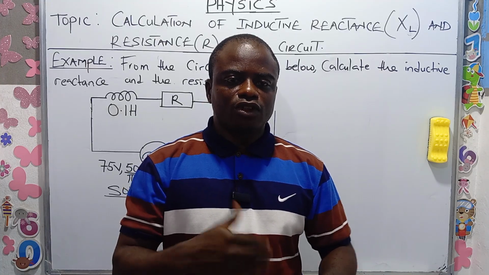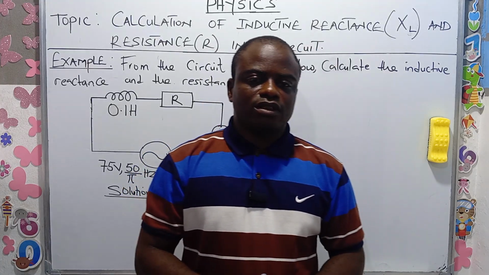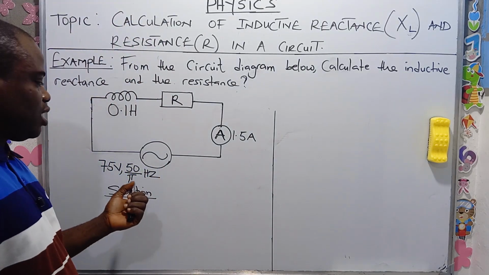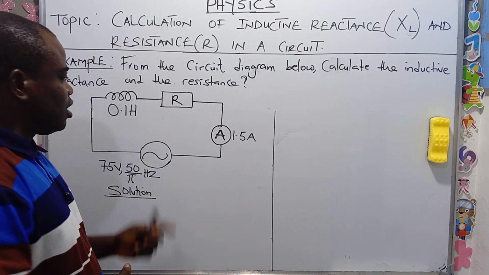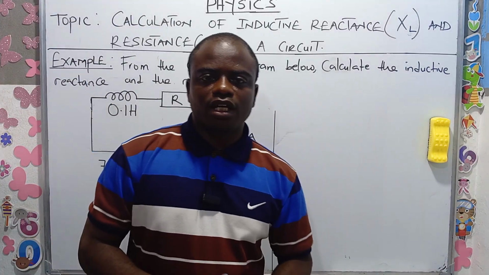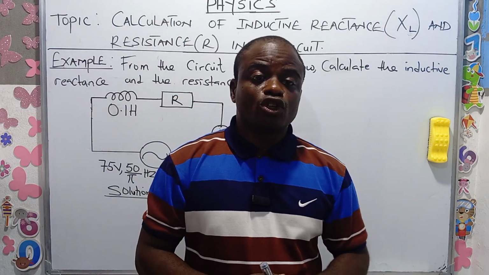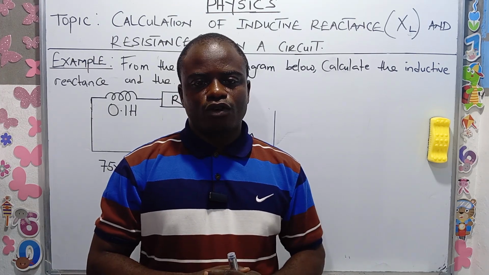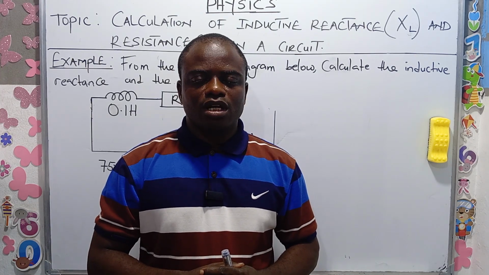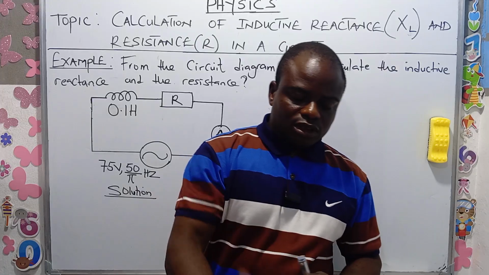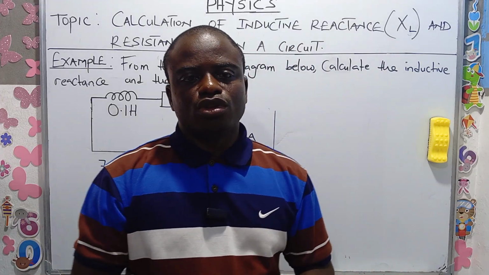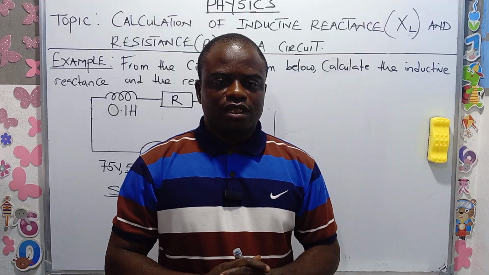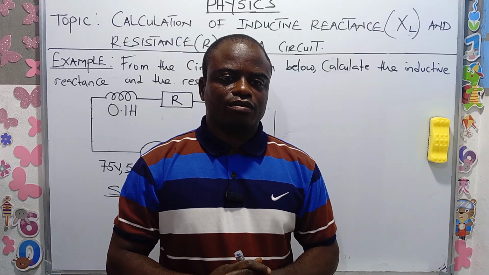That's why you have the inductive reactance. The unit of inductive reactance is ohms likewise. Let me define inductive reactance again. Inductive reactance is the opposition offered by the inductor to the flow of currents in the circuit, and is caused by the changing magnetic field in the circuits.